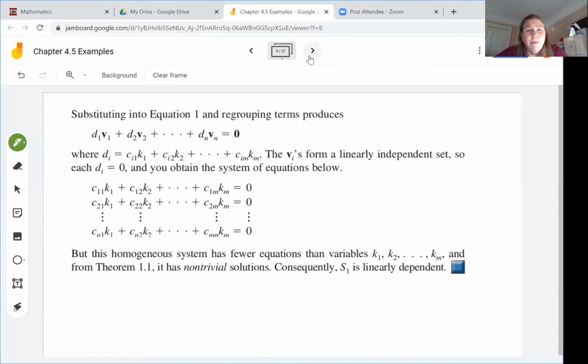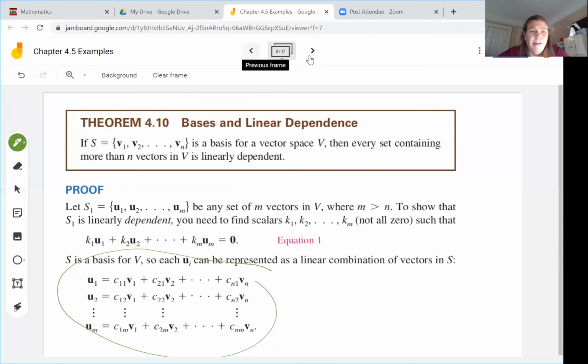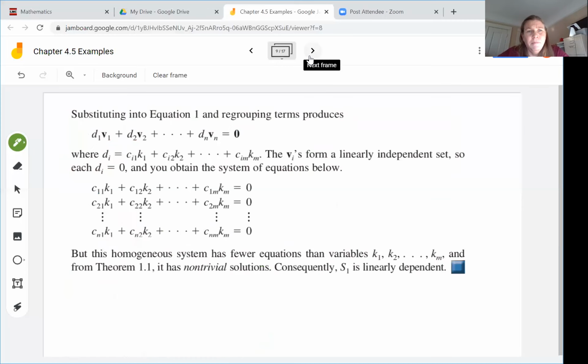Then we can substitute that back into equation 1. Remember, equation 1 was the constants k multiplied by u1 through um. Then we can regroup and say this is just d1 v1 plus d2 v2 through dn vn, where the d's now represent constants, the c's with subscripts i1 and so on, multiplied by the k's.